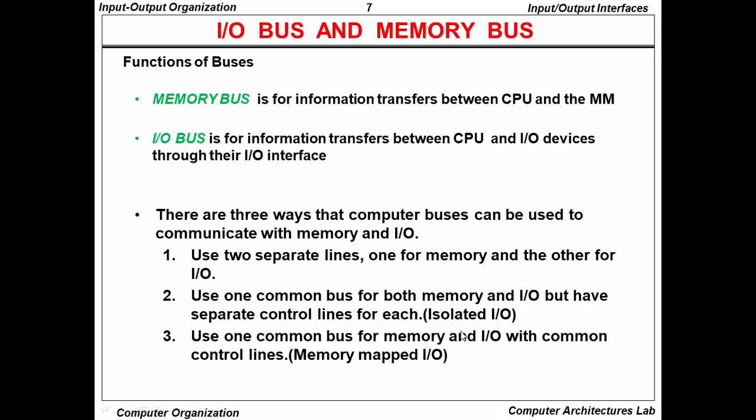The third one is to use one common bus for memory and IO with a common control line. So only three lines are available: address, data, and control line, and that is also known as memory mapped IO. They use one common bus for memory and IO with common control lines, so everything is common between IO and memory transfer. That is known as memory mapped.